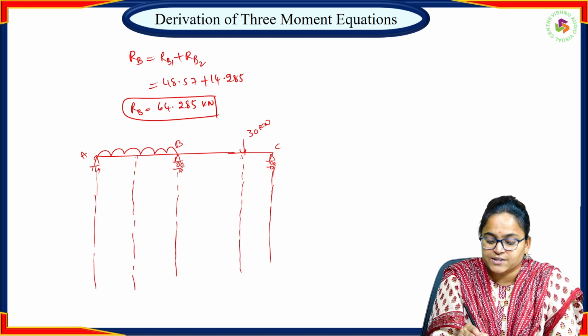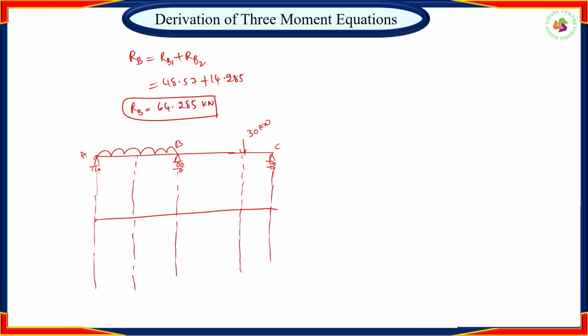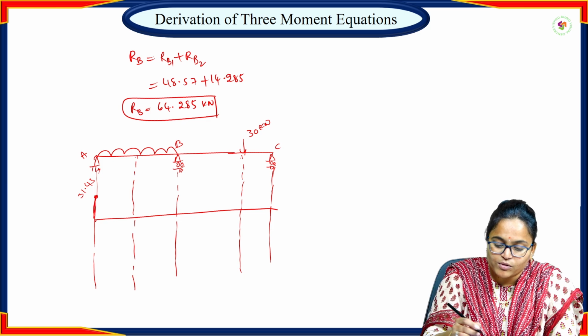Now to draw the SFD, let us take the reference line. We know RA is 31.43, a positive value, so it is above the reference line. So this is 31.43 kilonewtons.